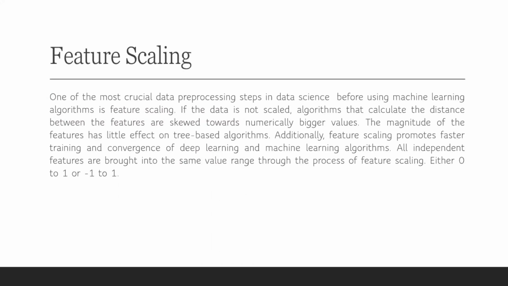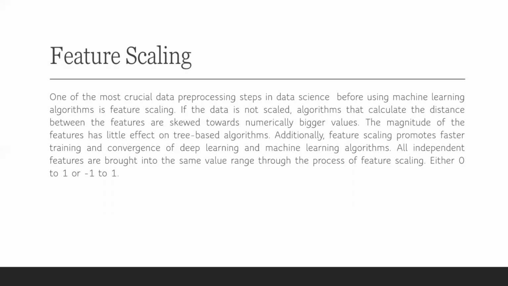One of the most crucial data preprocessing steps in data science before using machine learning algorithms is feature scaling. If the data is not scaled, algorithms that calculate the distance between the features are skewed or biased towards numerically bigger values. The magnitude of the feature has little effect on tree-based algorithms.